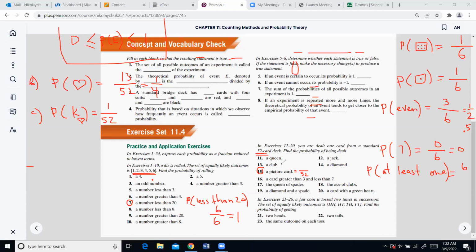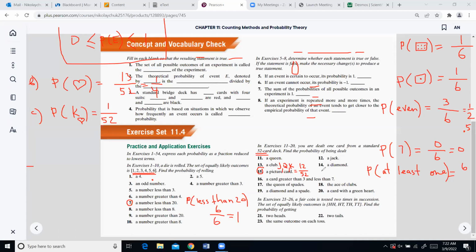And looks like they're talking here about either jack or queen or king, right? Those are picture cards. So 3 of them times 4, because there are 4 suits. So it's really 12 out of 52.